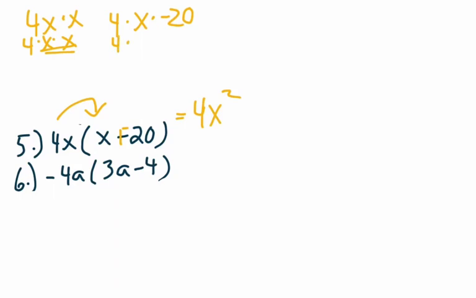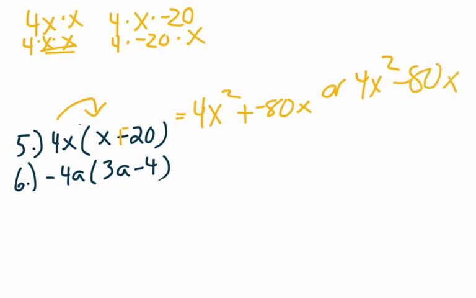The commutative property allows you to switch the order. So instead of doing x times negative 20, you could do negative 20 times x. And what that does is it puts the two numbers together. So 4 times negative 20 is negative 80. And then you'll have the x. And then you can say 4x squared minus 80x.